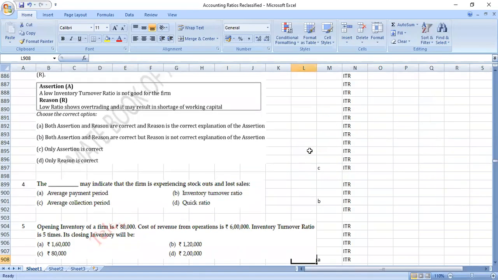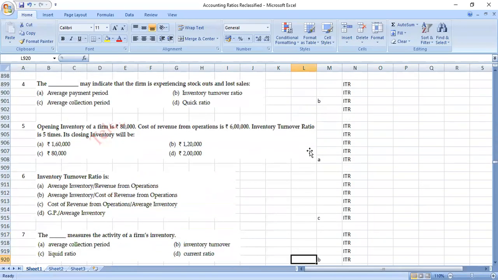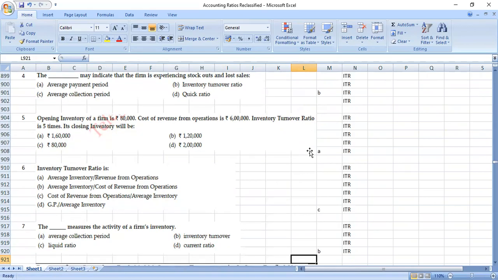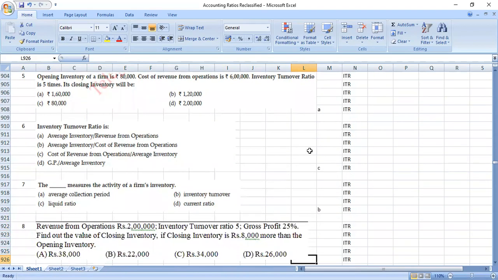Fourth one. The dash may indicate that the firm has experienced stockouts and losses. Inventory turnover ratio will tell you. Opening inventory of the firm is 80,000, cost of revenue 6 lakh, inventory turnover ratio 5 times, closing inventory will be? 5 is equal to cost of revenue from operation 6 lakh divided by average inventory.